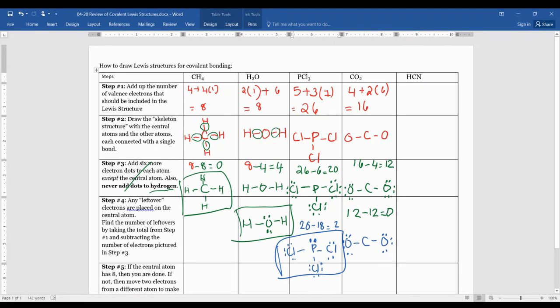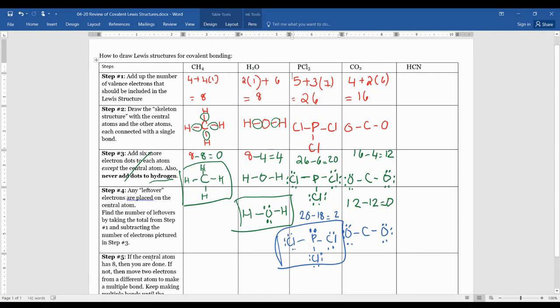So what do I do? Let me check. I have 8 and 8, but my carbon has only 4 electrons. So it says if the central atom has 8, then you're done. If not, move 2 electrons from the other atoms. I'm going to move this. Now I have a double bond. And then this.